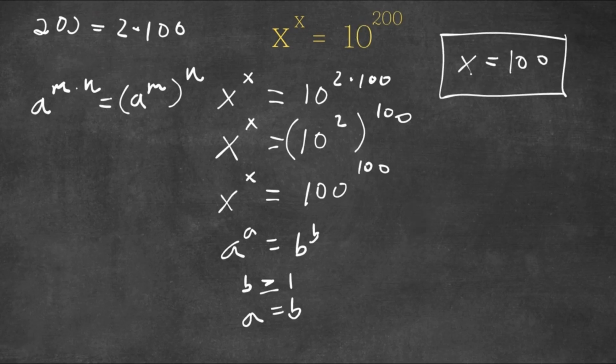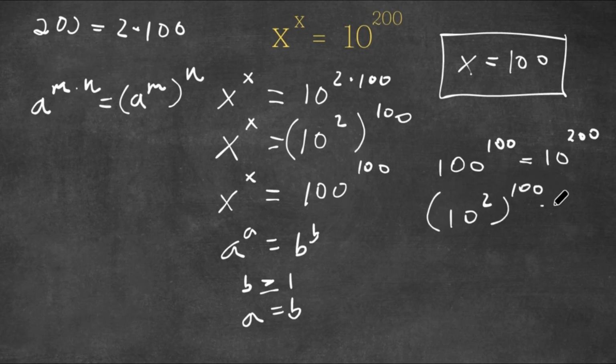Now I'm going to plug this in and see if it's right. So we have 100 to the power of 100 is equal to 10 to the power of 200. Now 100 is the same thing as 10 squared, right? So now I have 10 squared to the power of 100 is equal to 10 to the power of 200.